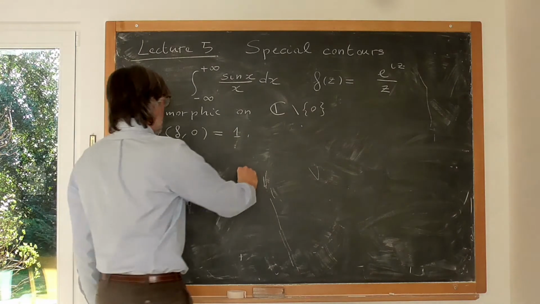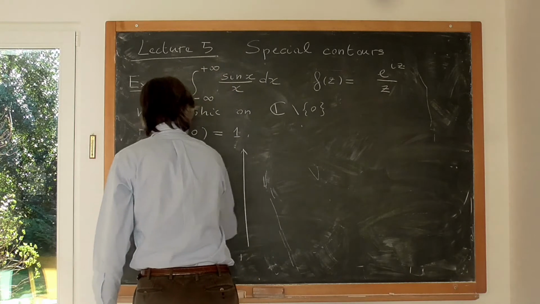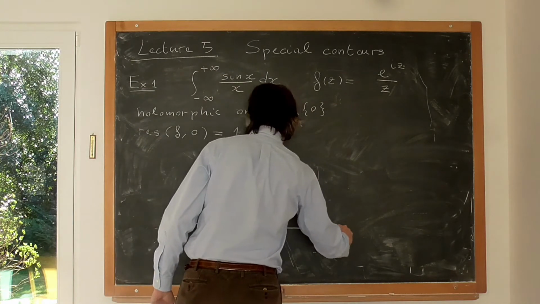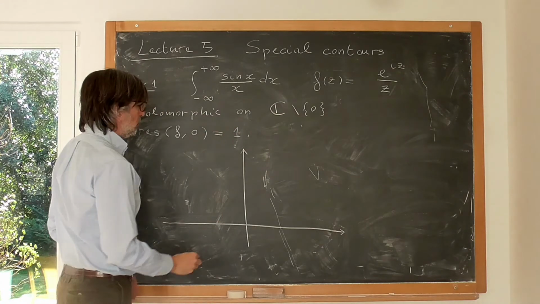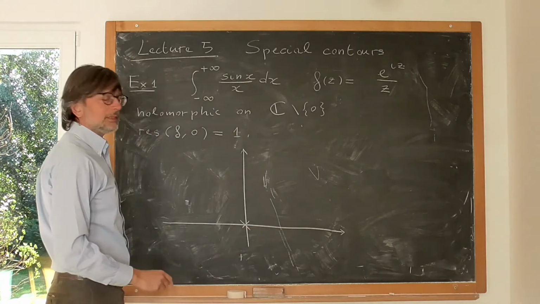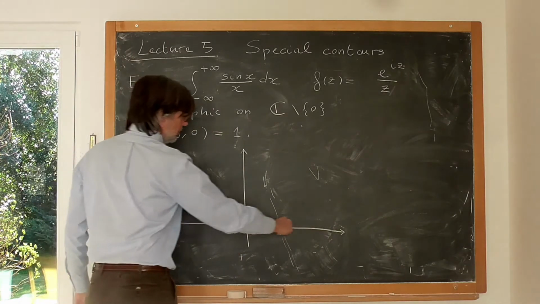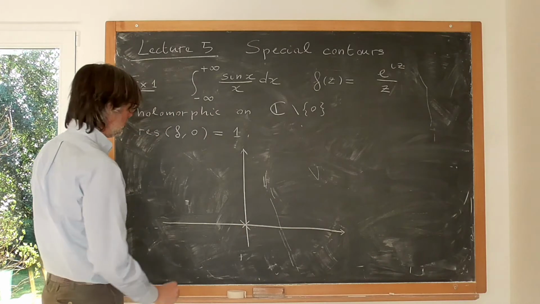Okay, now let's draw the contour on which we are going to integrate. So we said there is a singularity at 0, so our contour cannot be, as in type 3, a rectangle passing through 0. We have to avoid this singularity.